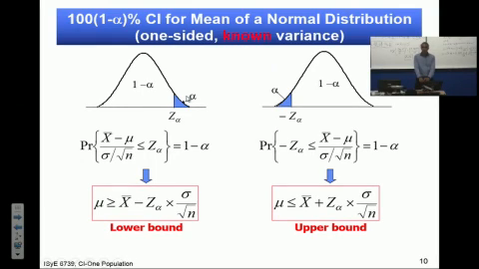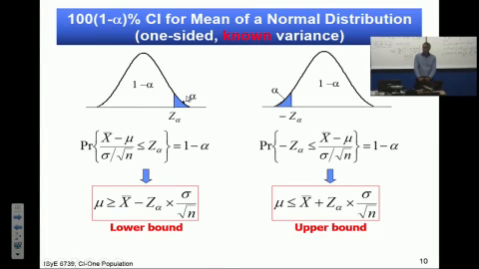Another example is waiting time of the customer. So we define an upper bound. We don't want this to go above some number. We don't care about the lower bound because the lower the better. How about the lower bound?